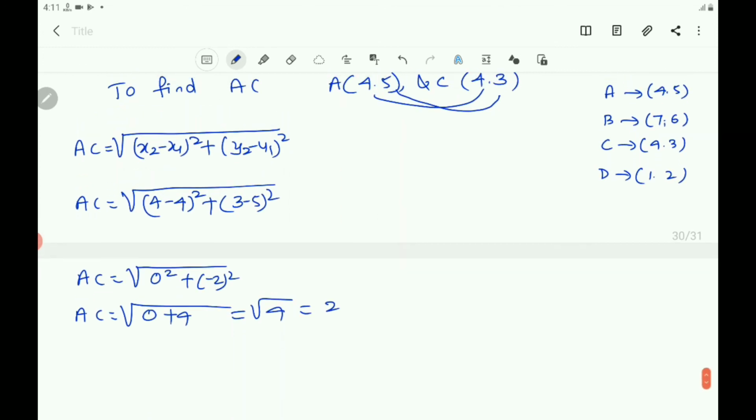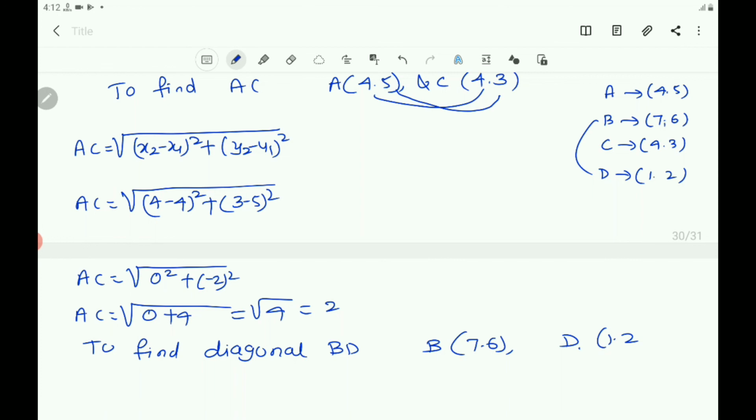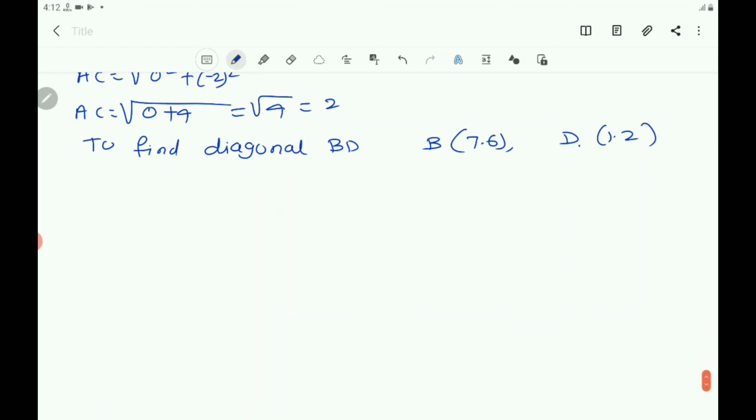Then also find the diagonal BD. B is a point with coordinates (7, 6) and D is a point with coordinates (1, 2). BD equals the distance formula, square root of (x2 minus x1) whole square plus (y2 minus y1) whole square.